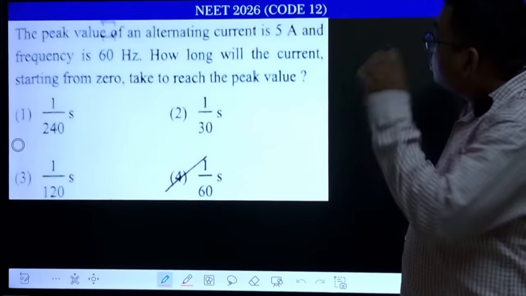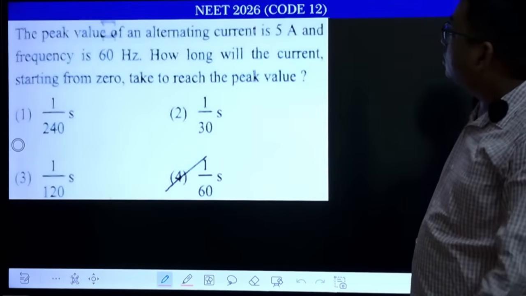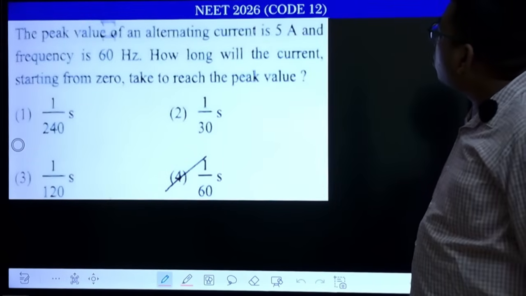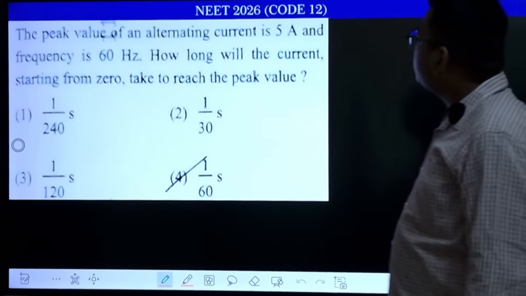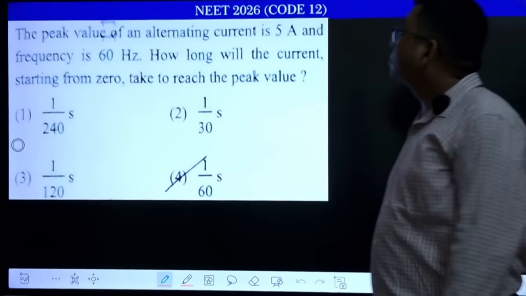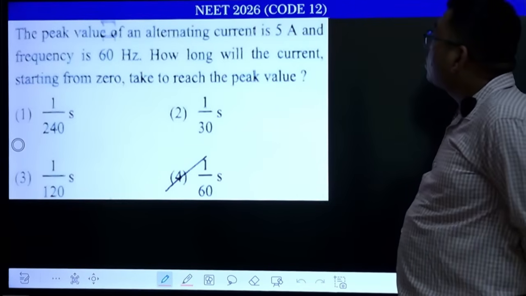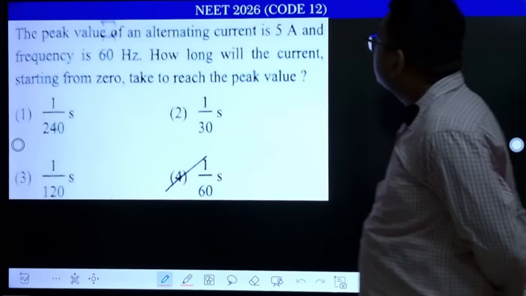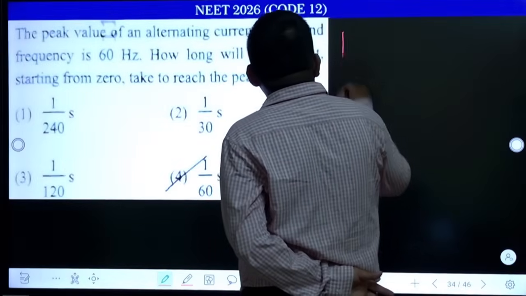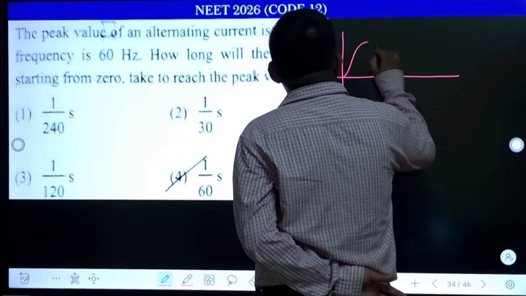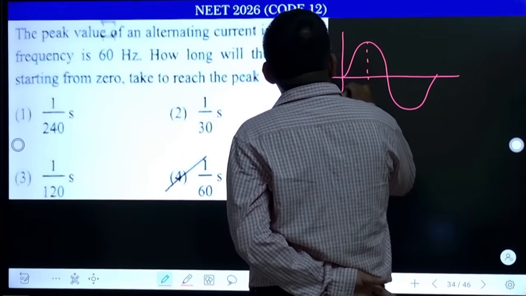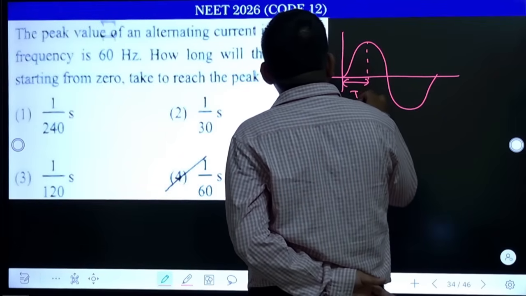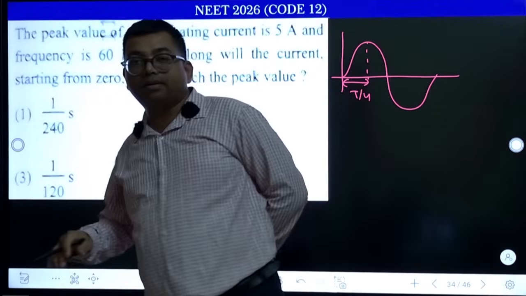The peak value of an alternating current is 5. The frequency is also given. How long will the current starting from 0 take to reach the peak value? So you know that if you consider AC like this, from here to here this time is nothing but T by 4. It is 1/4 of the cycle.